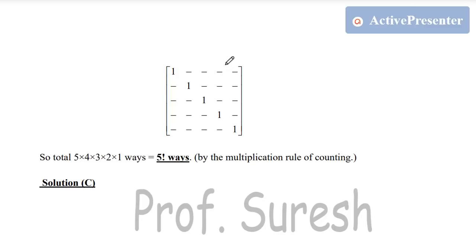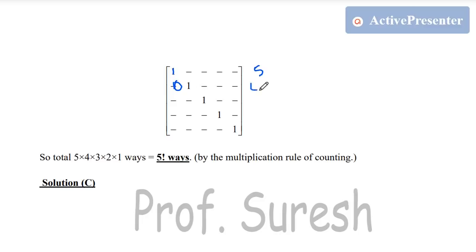So to fill up the first row, I have 5 choices. And then the second row, suppose I put 1 here. When I come to the second row, I cannot put 1 in this place because already 1 is there in that column. So this must be 0. To fill up the second row, I have 4 choices to put 1.